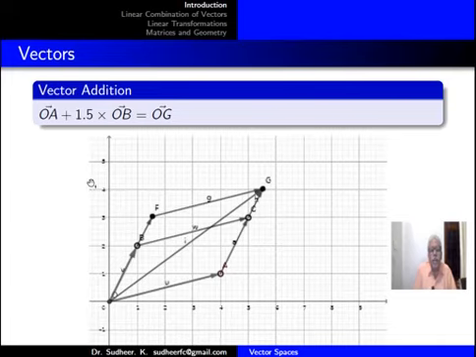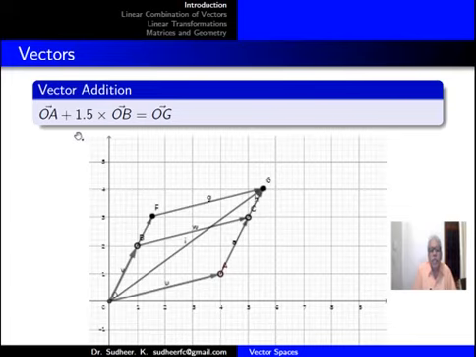Suppose you consider OA plus 1.5 OB. So OA is the earlier vector itself, and 1.5 OB will be a vector in the direction of OB, but the magnitude is a little increased. So you get the vector OF.